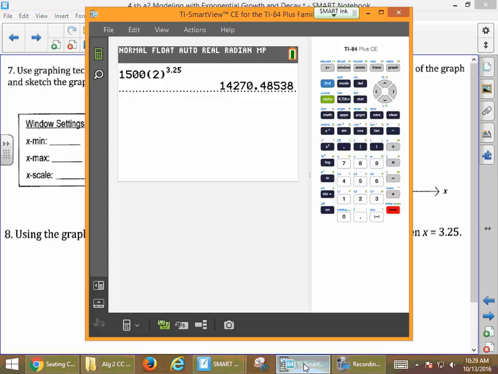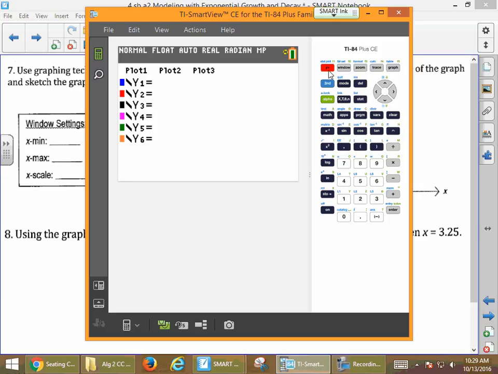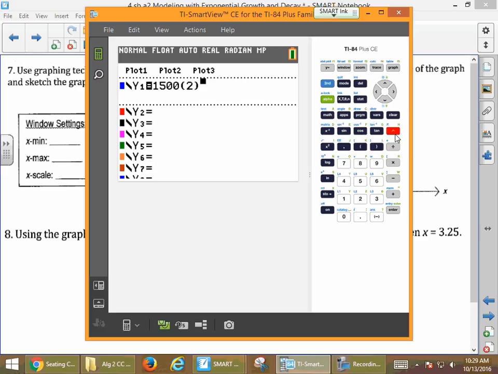And I just want to take a look at this function here when we type this in. So it's 1500 at the y equals, parentheses, 2, close the parentheses, caret, and then we're going to type in our variable, which is t in the formula.